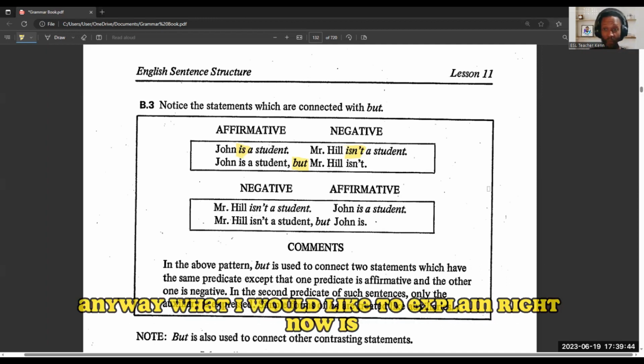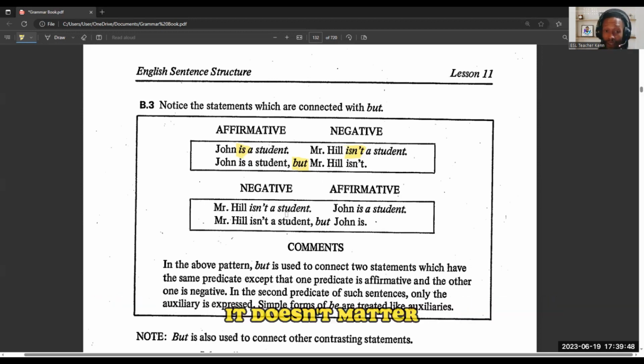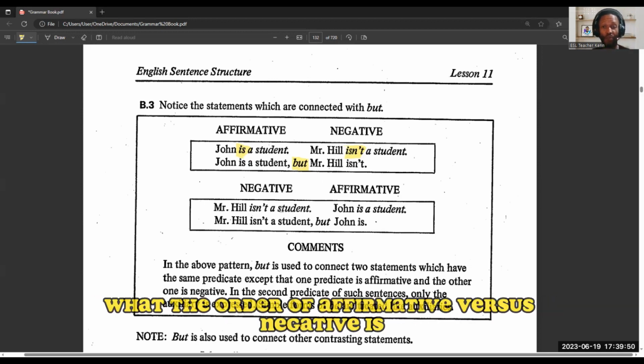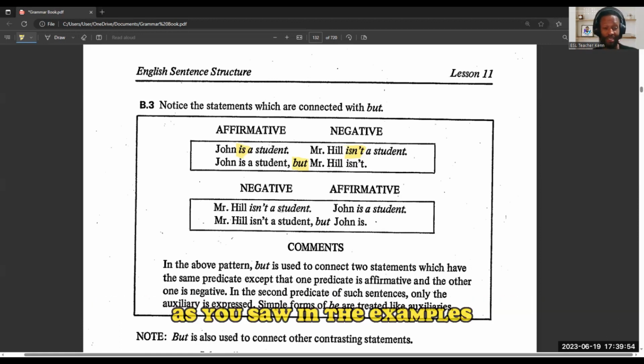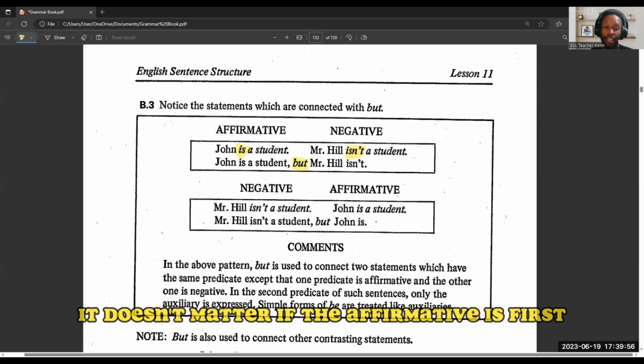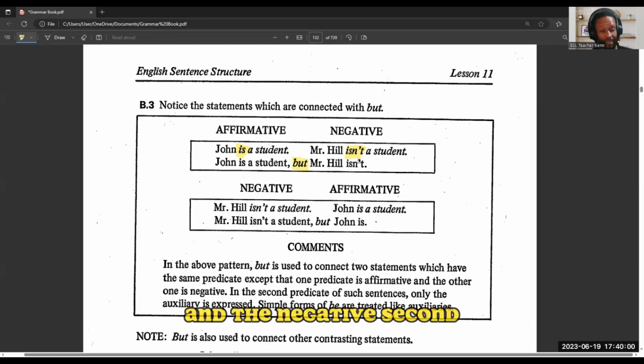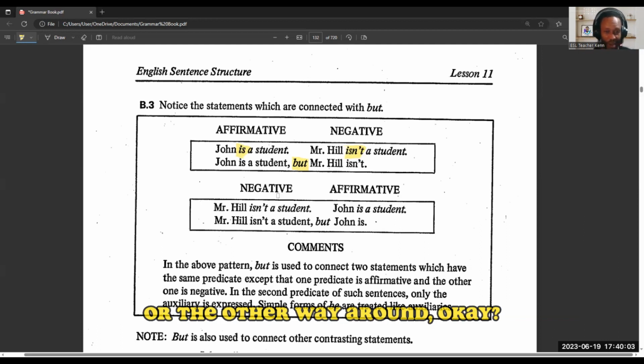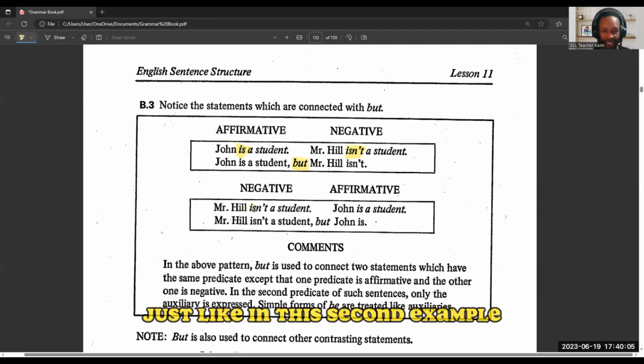Anyway, what I would like to explain right now is it doesn't matter what the order of affirmative versus negative is. As you saw in the examples, it doesn't matter if the affirmative is first and the negative second, or the other way around, okay? Just like in this second example. Because we have Mr. Hill isn't, and then John is. So I start with the negative.